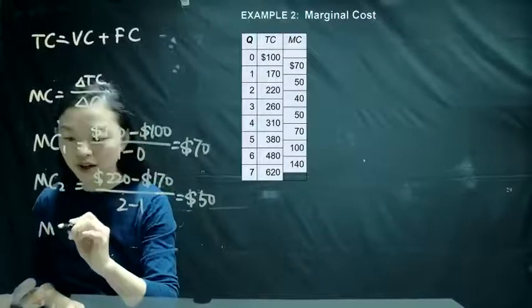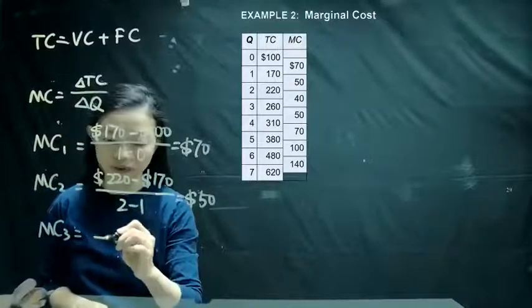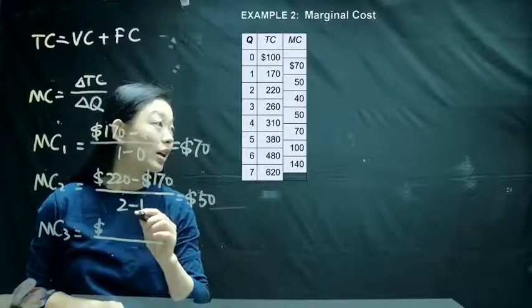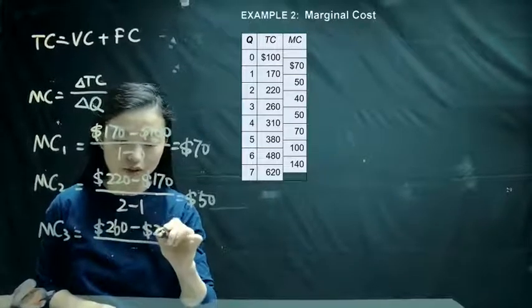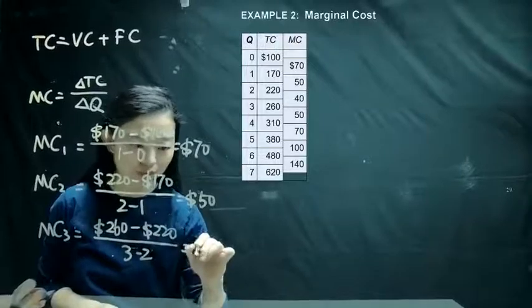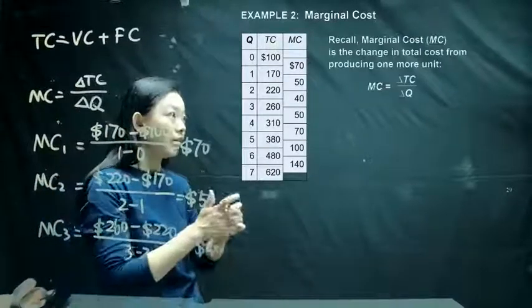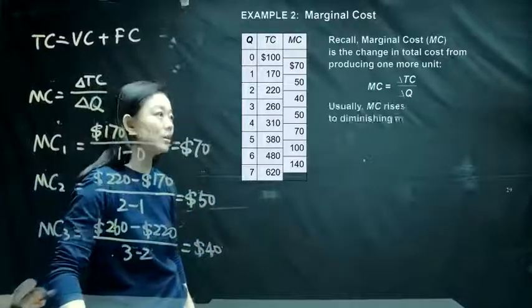And then we can also get the marginal cost when the output increases to 3 units. We have the change in total cost, 260 subtract 220, divided by 3 subtract 2. So this will be 40, okay? This is the way that we compute marginal cost.